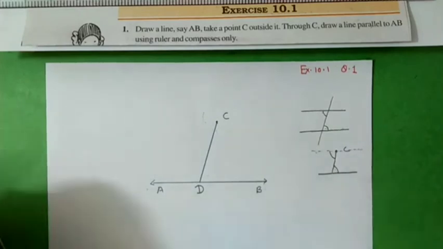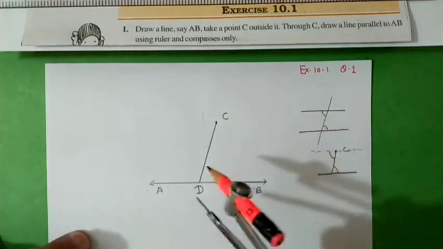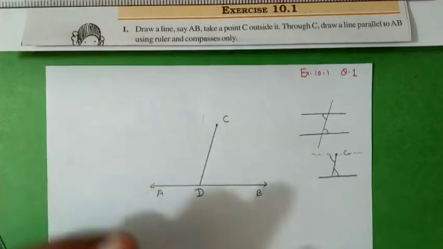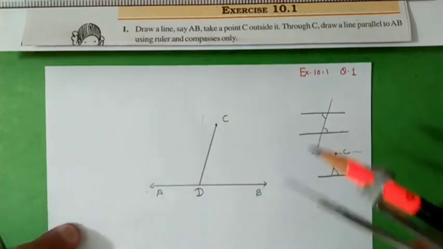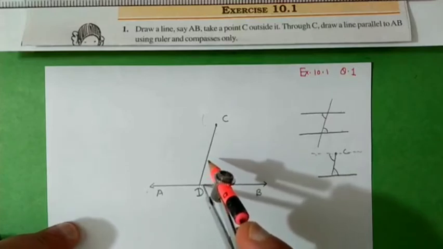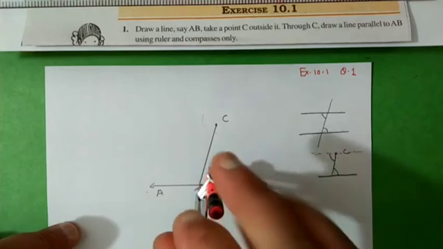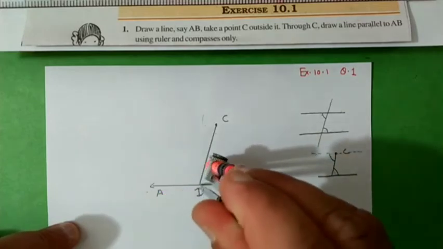So now look at here. So I will use a compass. Now I will keep the tip of the compass on point B. Look at here how it is. And I will draw an arc to this side in this way. Take a little distance.